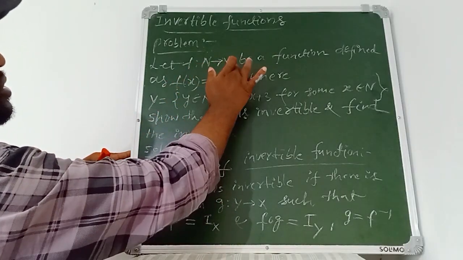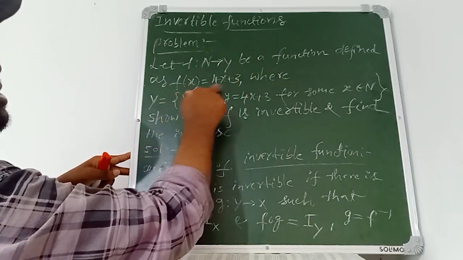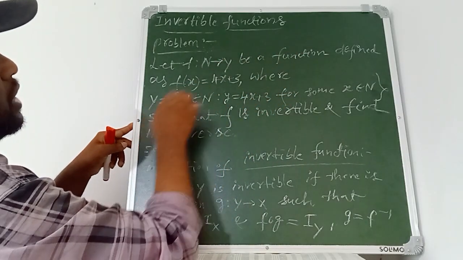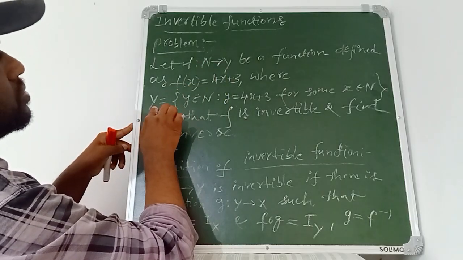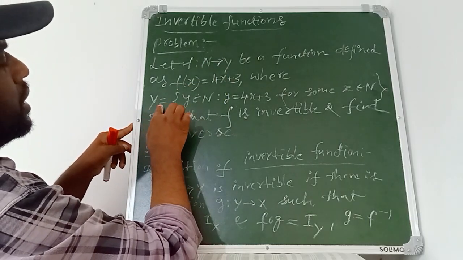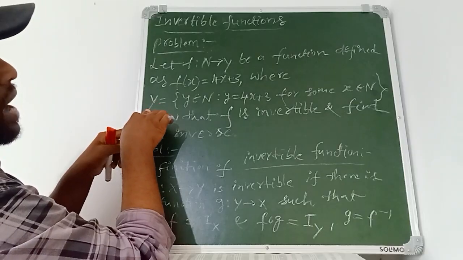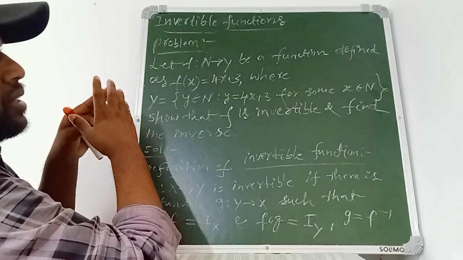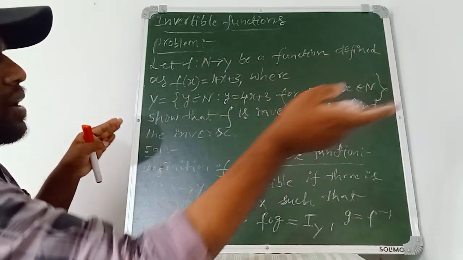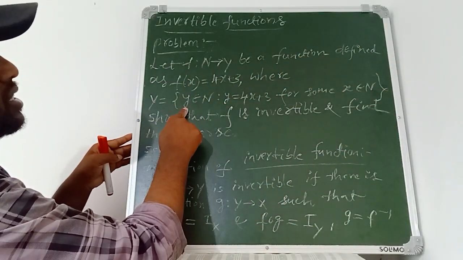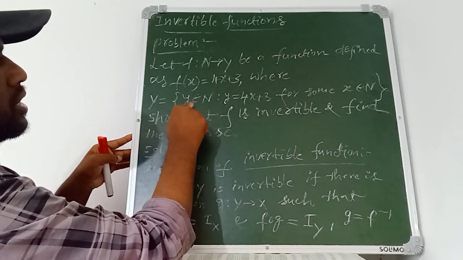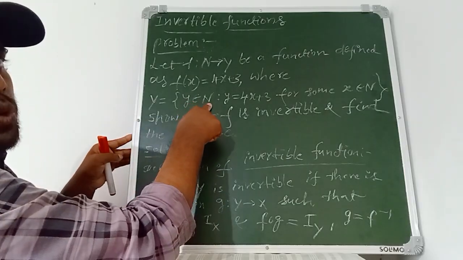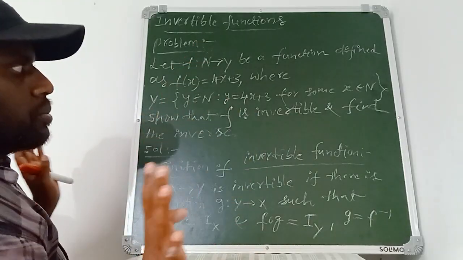So this is input, this is output, and this function is given by this rule. And they are telling what is Y. Y is the set of output values, and small y is some output. There are many output values, and we have taken one value, in general written y, that y belongs to N. That output value is also a natural number.